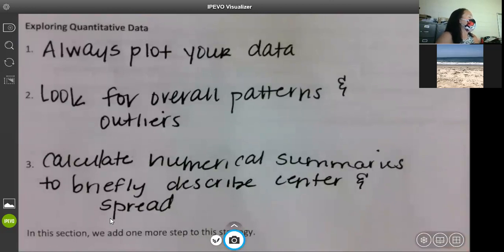I'm not asking for a formula. I'm saying, what are we going to calculate for center and spread? Mean and median for center. Spread is range, IQR, or standard deviation. You got it? What did you say for summer? Center is mean or median. That's to do what? And spread is IQR, range, or standard deviation.